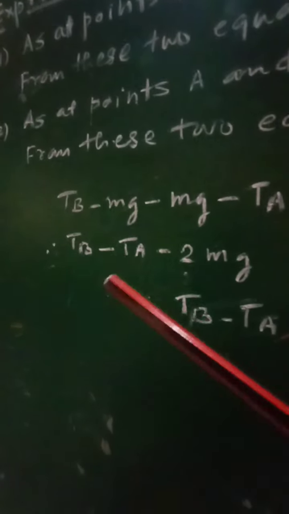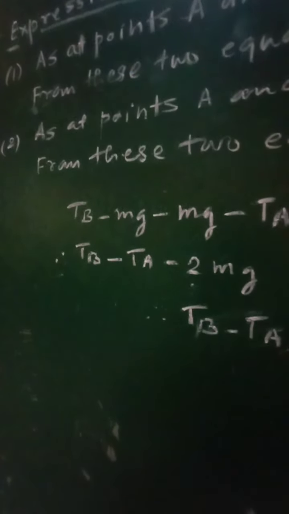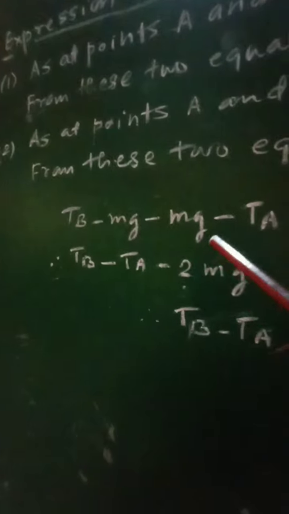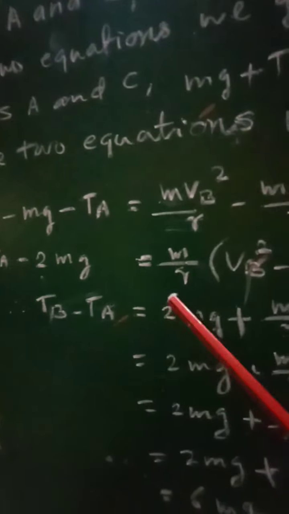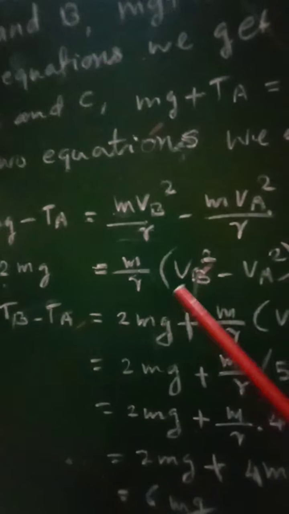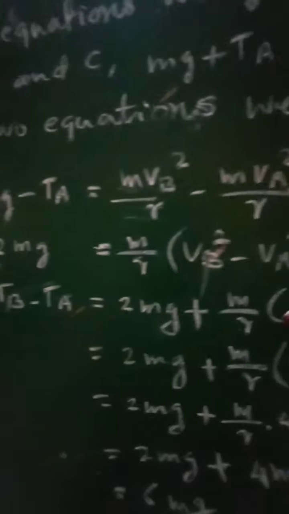From this relation, TB minus TA minus 2 mg equals m by r, taken common, into Vb square minus Va square.